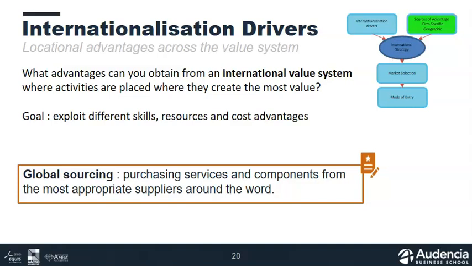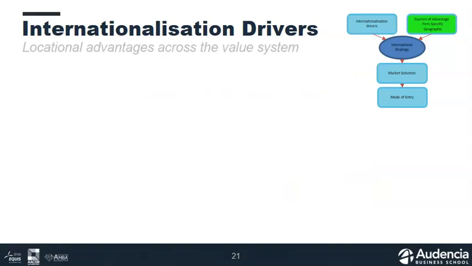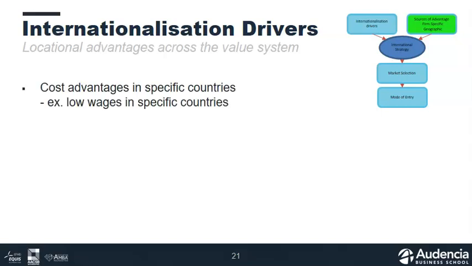So there are three things to consider here in terms of internationalization and locational advantages across a value system. Again, I'm creating value across a value chain, and now I'm asking myself, should I put certain parts of this process in different locales, and to what extent can that bring value?